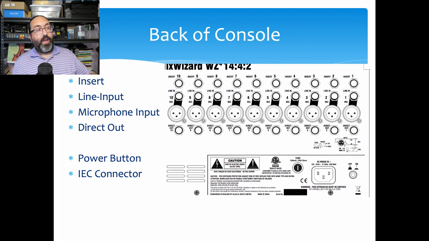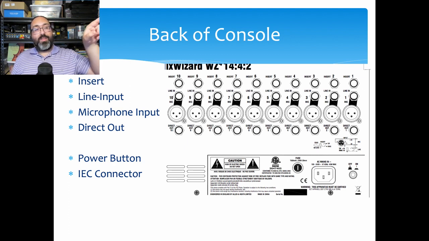So if we had a compressor and we wanted to put that on a very specific channel, we plug in a 1/4-inch TRS jack into the insert, and then on the other end it has two mono TS jacks. So you plug one mono into the input, and you plug the other one to the output.